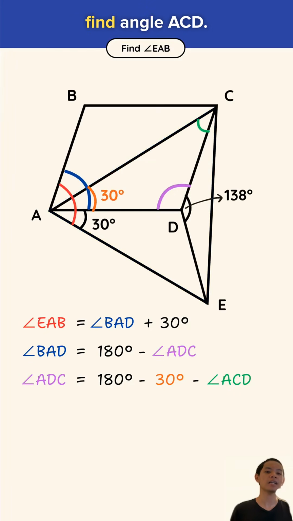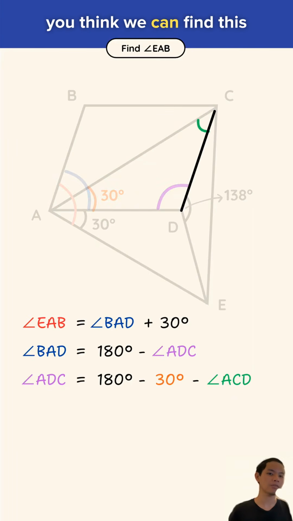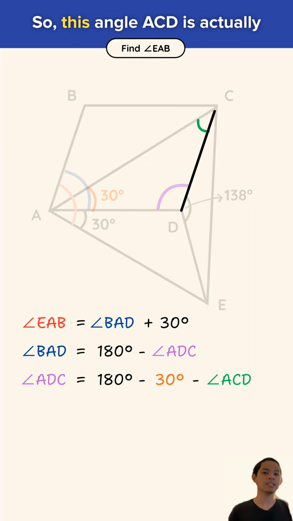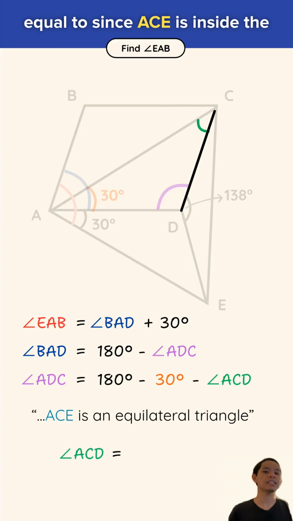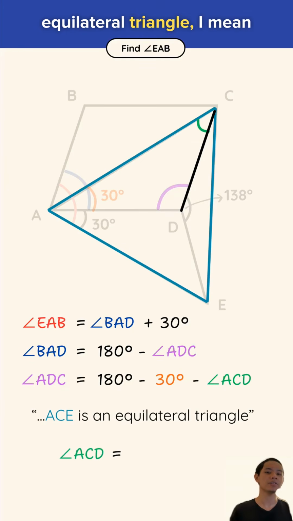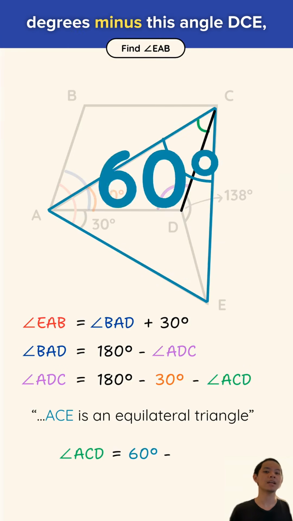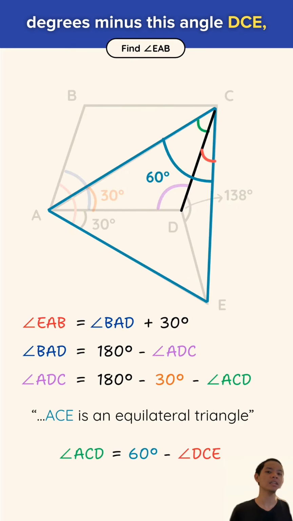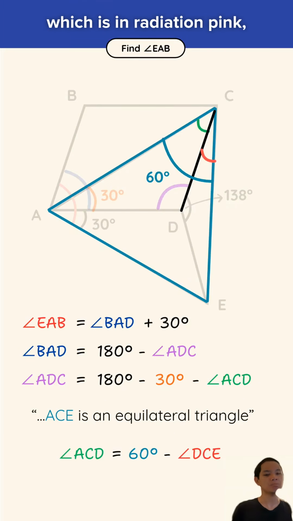The next thing is we want to find angle ACD. So the green angle, how do you think we can find this angle? This angle ACD is actually equal to, since ACE is an equilateral triangle, 60 degrees minus this angle DCE, which is in reddish pink.